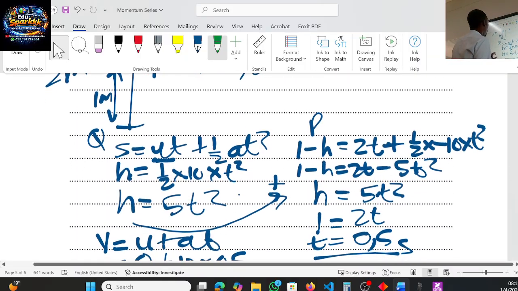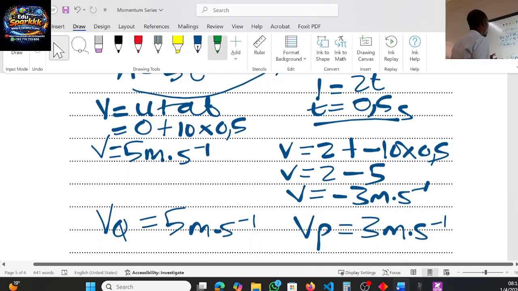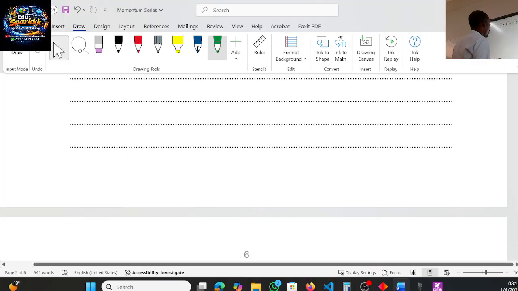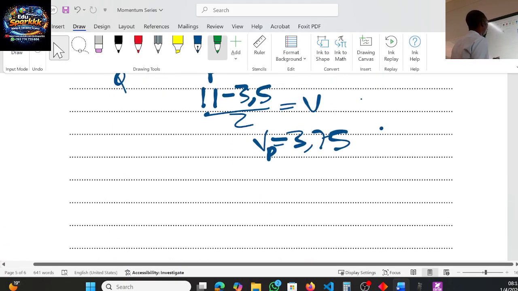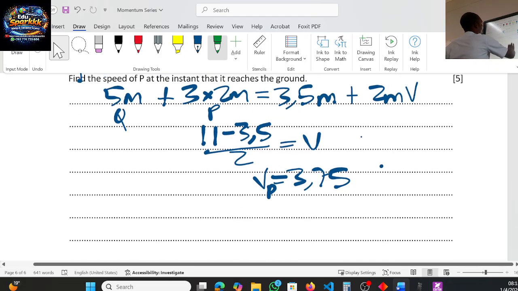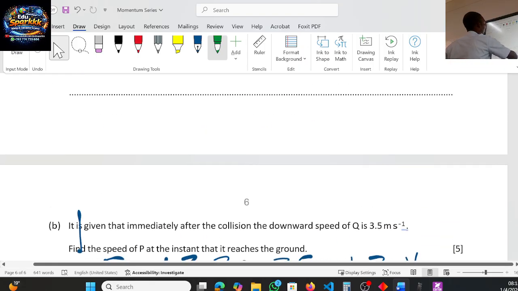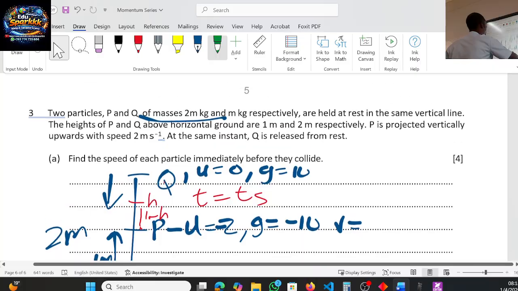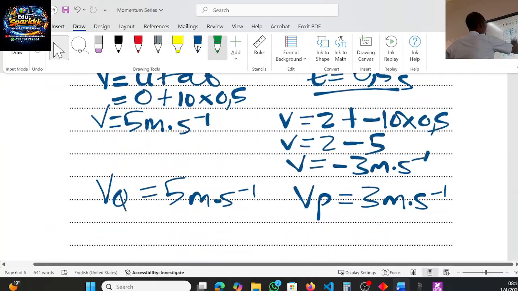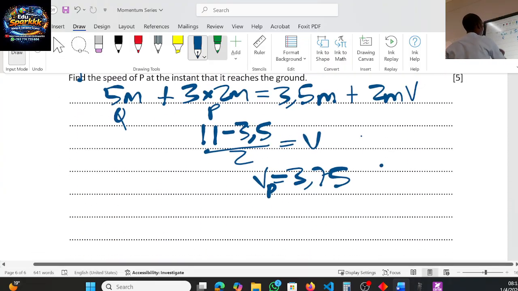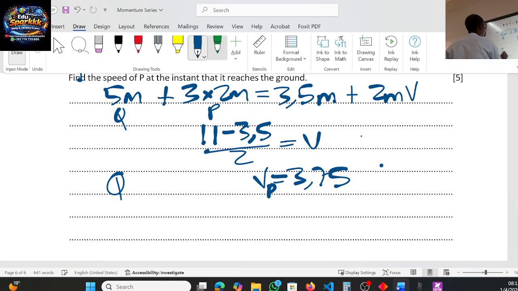That's object Q. Object Q moved downwards 5 times time squared. So for object Q, it moved a height of 5t squared.